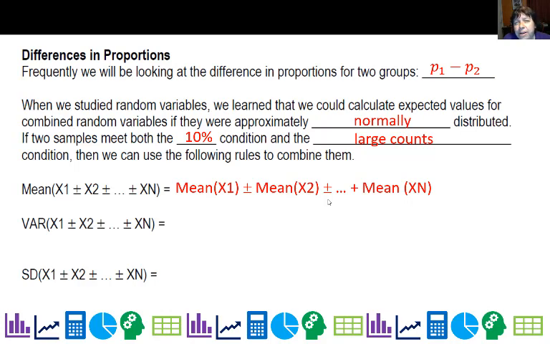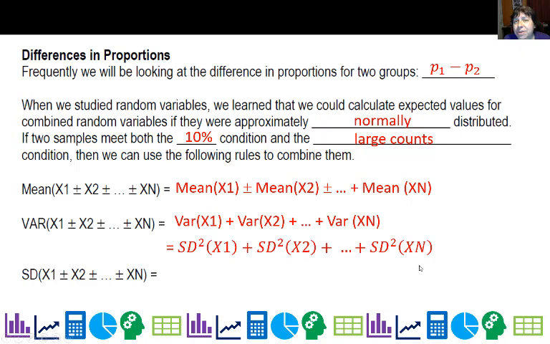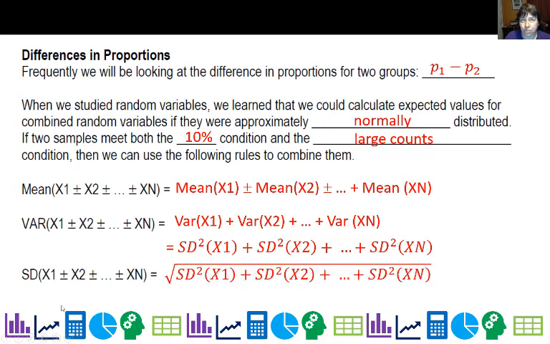Variance, on the other hand, never subtracts. It only adds. So even if I'm taking the difference, I'm going to be adding those variances. And remember that variances are just standard deviation squared. If I want to get back to the combined standard deviation, I have to take the square root.